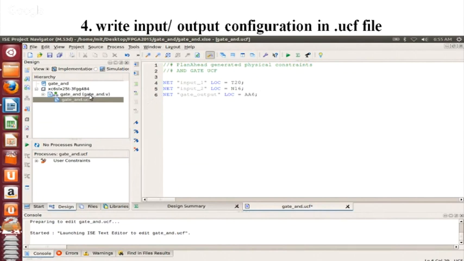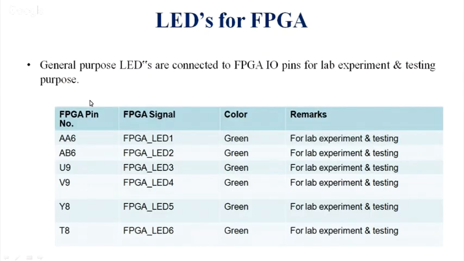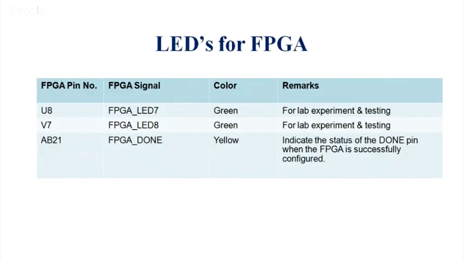So this is how we create the .v file and the .ucf file. This is the table of FPGA pins. Basically, I'm working on a Spartan 6 given by Xilinx. In this kit, the LED addresses are given as AA6, AB6. If I want to use LED 5, then I have to give address Y8 in the UCF file, and so on.